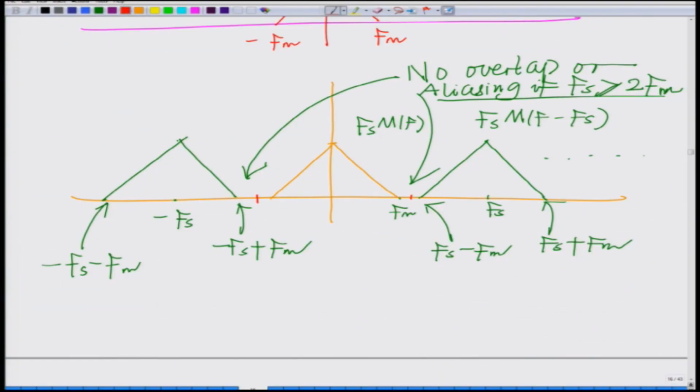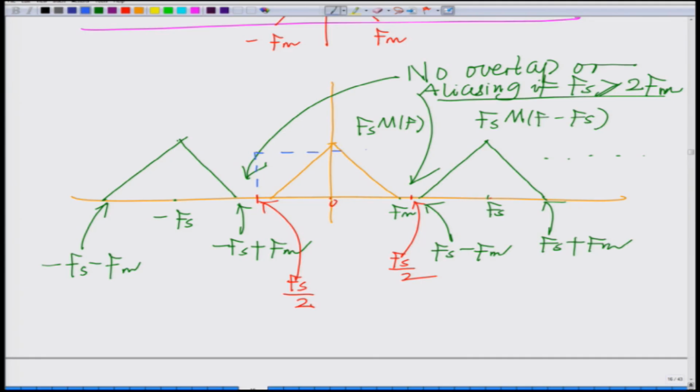Now, remember, this is Fs, this is 0. So, this is your Fs by 2, sampling frequency by 2. Now, I can extract this by low pass filtering.